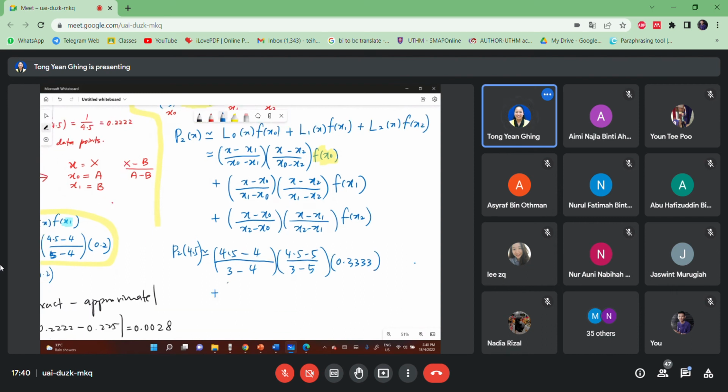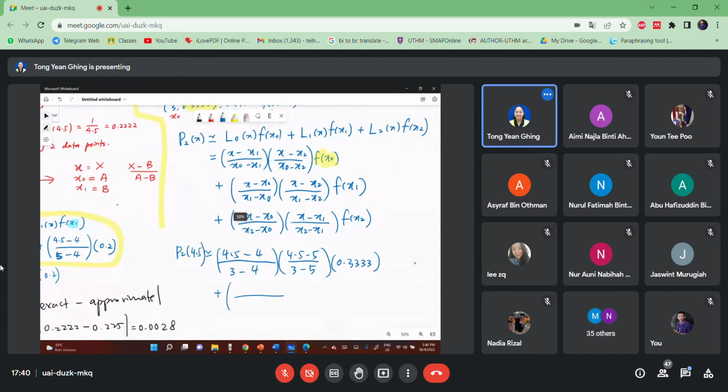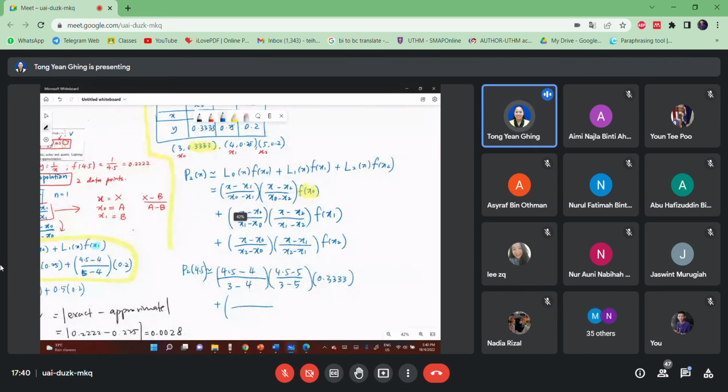Plus, we started from x0, now is x1, that means 4. 4.5 minus 3 over 4 minus 3, and 4.5 minus 5 over 4 minus 5. And the value of y is 0.25.